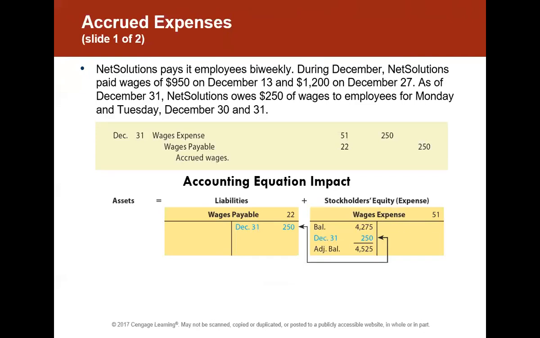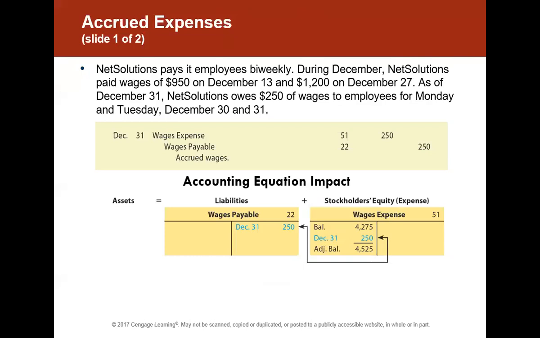Accrued expenses. So NetSolutions pays its employees bi-weekly, so every other week. During December, NetSolutions paid wages of $950 on December 13th, and then they paid wages again of $1,200 on December 27th. As of December 31st, NetSolutions owes $250 of wages to employees for Monday and Tuesday, December 30th and 31st.